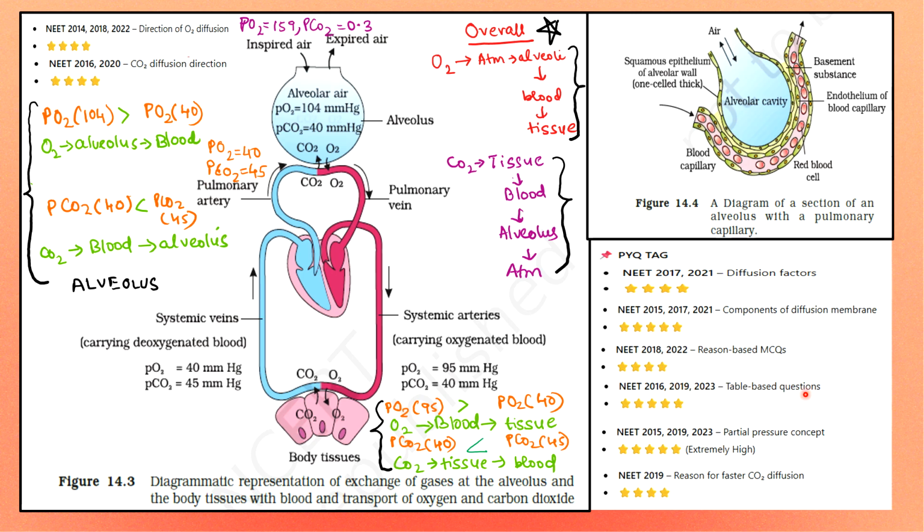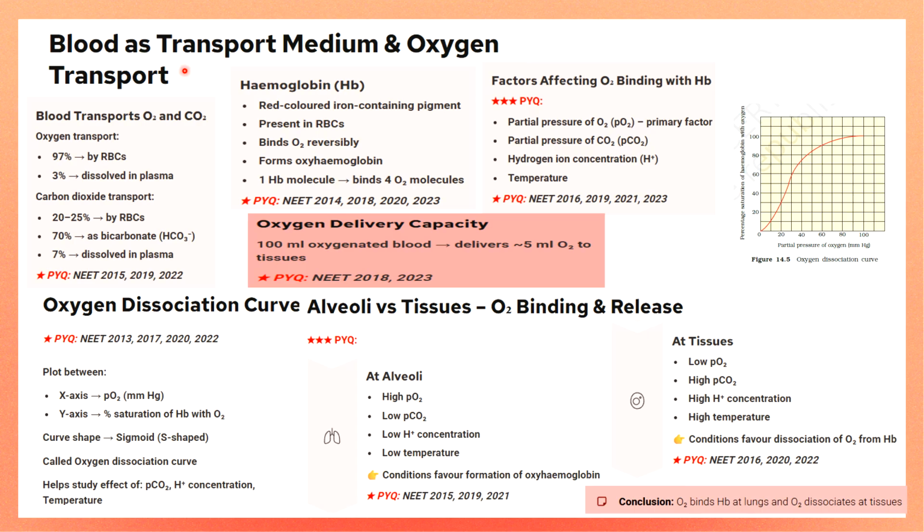Table based questions like what are the partial pressures in oxygenated blood, deoxygenated blood, alveoli, tissue, all that you have to remember. Then also the reason for faster carbon dioxide diffusion, that we already discussed. It is more soluble, 20 to 25 times more soluble. So these are the important areas from which questions are asked. I hope you are clear about this concept. Let us move on to the next topic.